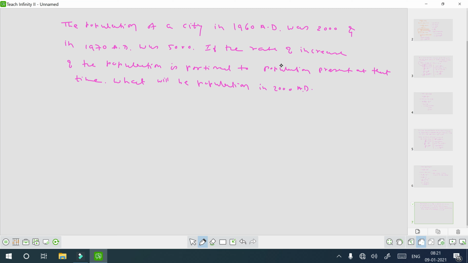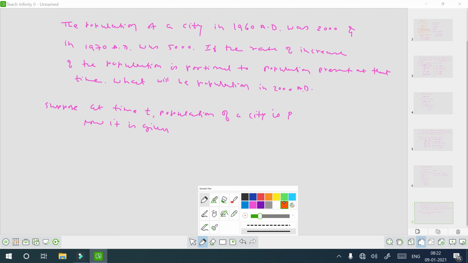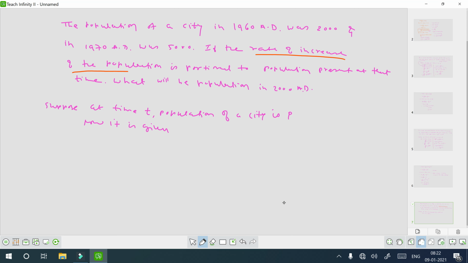Now it is given that, suppose at any instant t or at time t, the population of a city is P. Now it is given that the rate of increase of population is proportional to population present at that time.